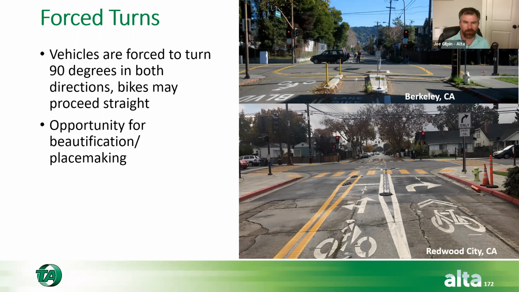There's a lot of creativity that goes into the design, not creativity in a way that's breaking any rules, but creativity in how you apply the standards that exist. I've really enjoyed working on these types of projects, and I'm excited about some upcoming ones we're about to dive into. Any other questions on forced turns?